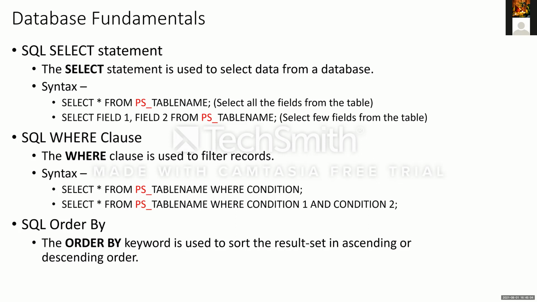Suppose I have built a page to store employee benefits information, and that is a customized record, which means I have done it only to suit a particular project. So I should build the record as ABC underscore record name.